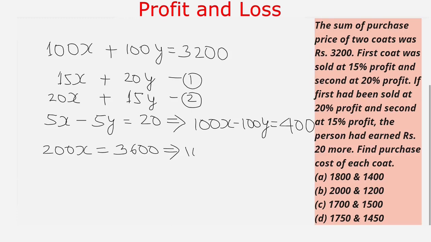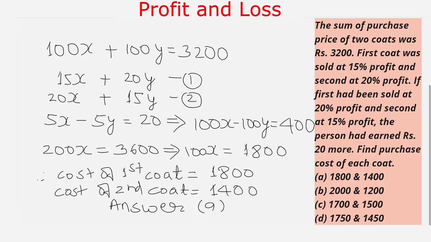This gives 100x, which is the cost of first coat, equal to 1,800, and cost of second coat is 3,200 minus 1,800 is 1,400. Thus the cost of first coat is 1,800. The cost of second coat is 3,200 minus 1,800 is 1,400. And from the given options, our answer is option A.